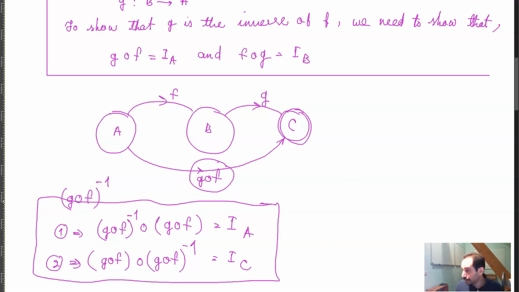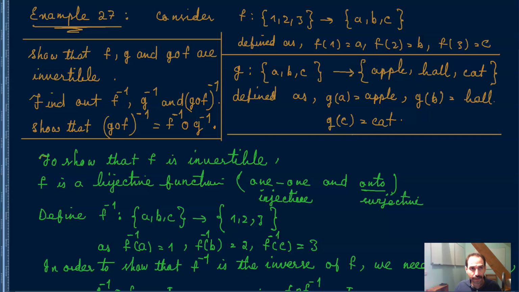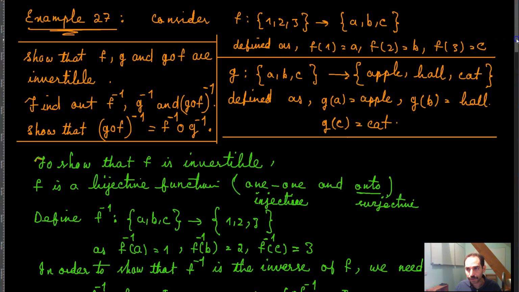Now the next thing that we need to show here: let's get back to the question that we had. We started here, we had our function f here, we had our function g here, and these were the rules of the way that the functions were defined. We wanted to show that f∘g and g∘f are invertible. We already did this.